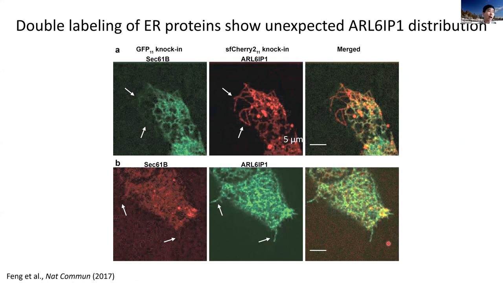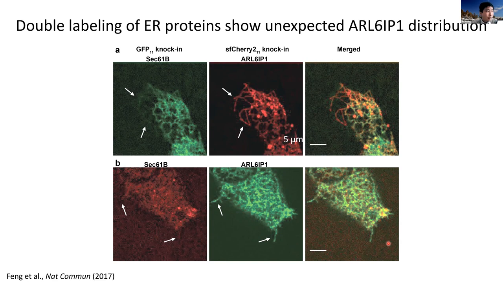Sec61B has been widely used as an ER marker, because it's an ER translocation complex, not a structural protein, and supposed to be everywhere in the ER. But surprisingly, in those images, you can see that it is not enriched in those dead end ER tubules that are marked by the ER tubule protein RTN4IP1.